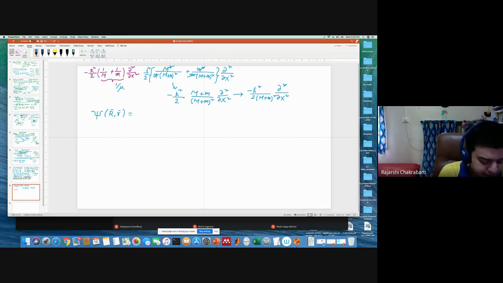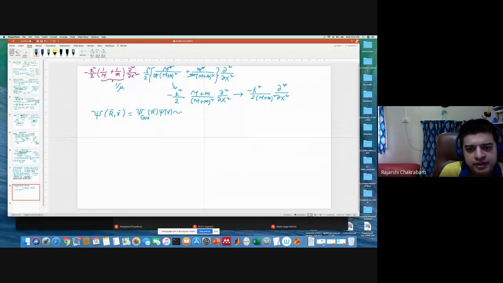I am writing it as a product of a function for the center of mass only, which is R, times another wave function which is a function of the relative coordinate.